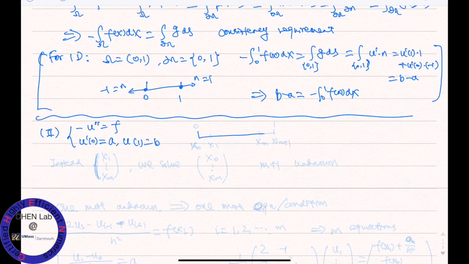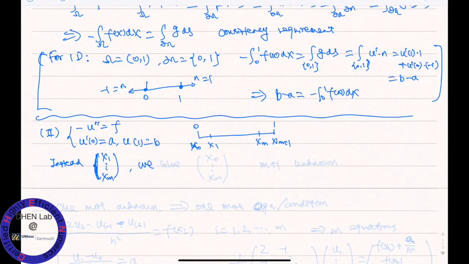So again, we divide this into x0, x1, up to xm plus 1. Instead of before, if you put a Dirichlet condition at both ends, we're solving just x1 to xm.